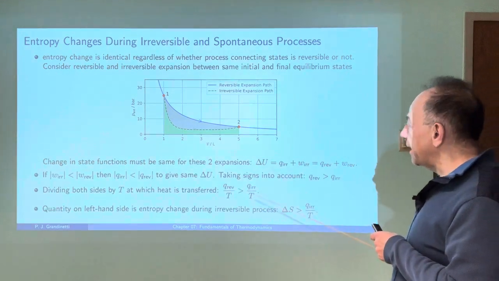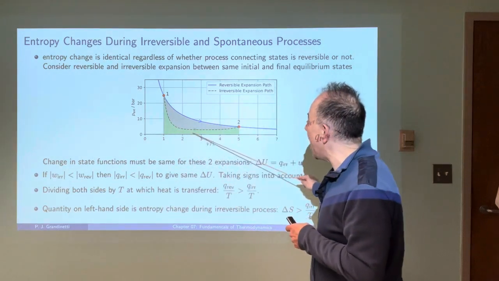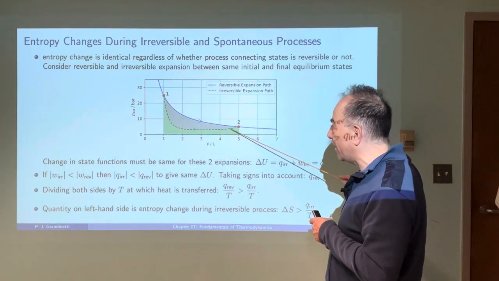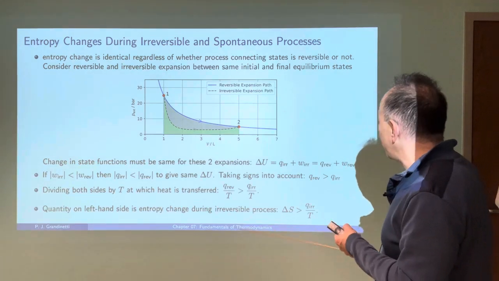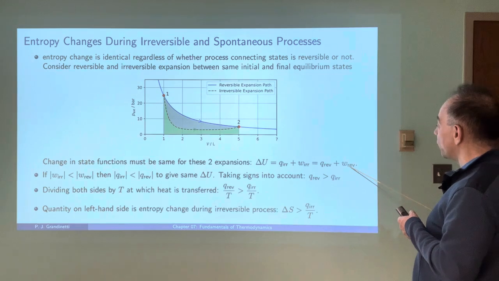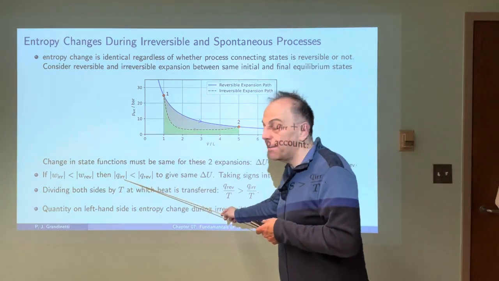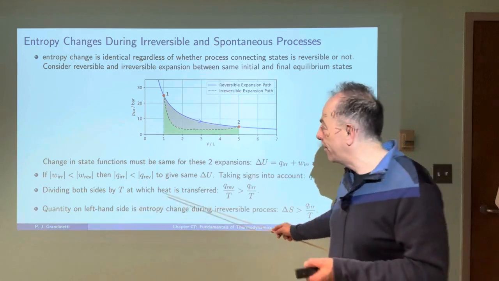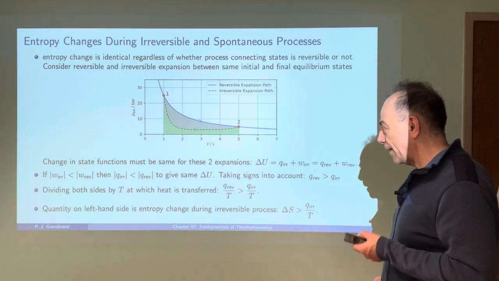So that means that we know up here that the magnitude of the irreversible work is definitely less than the magnitude of the reversible work. So if the magnitude of the irreversible work is smaller than the reversible work, then in order to get the same delta U, that implies that the magnitude of the irreversible heat flow has to be smaller than the magnitude of the reversible heat flow. All right?